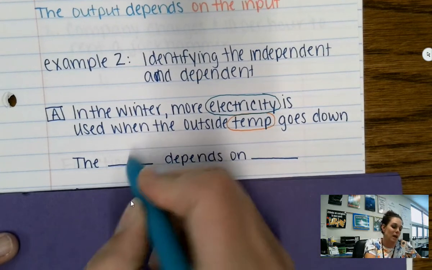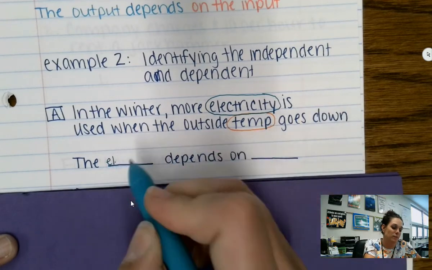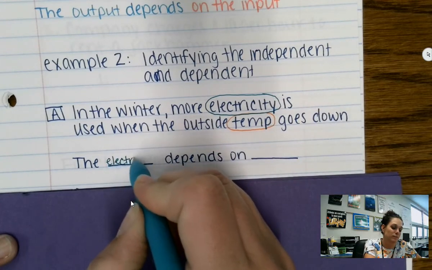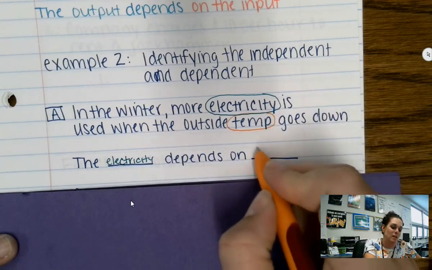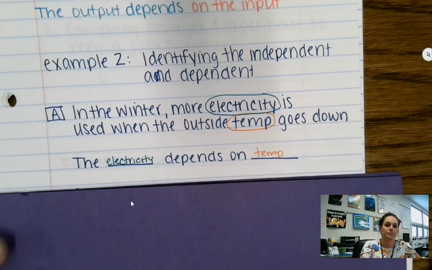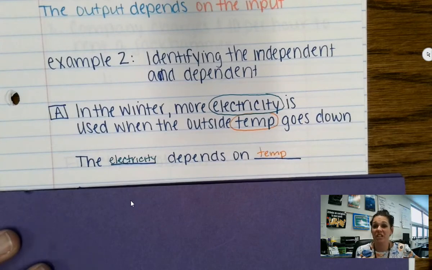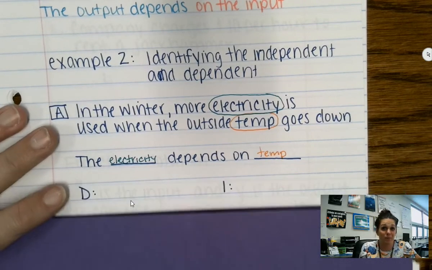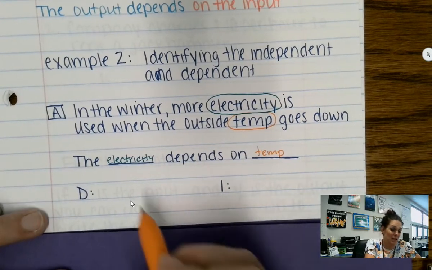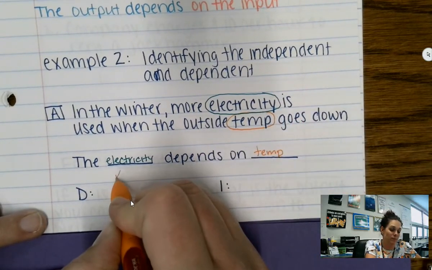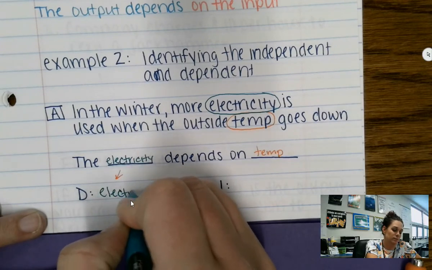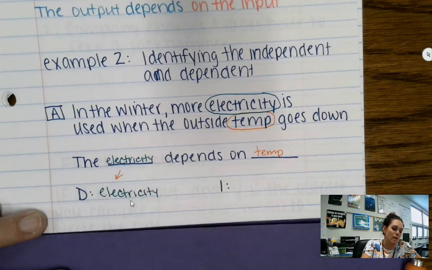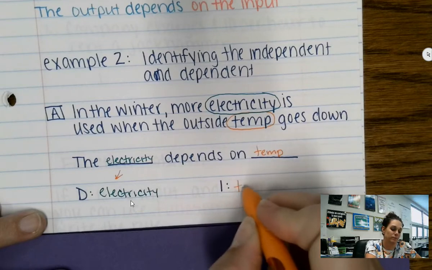So we would say the electricity depends on the temperature outside. Which thing don't I have control over? I don't have control over the temperature, which means the electricity depends on the temperature.